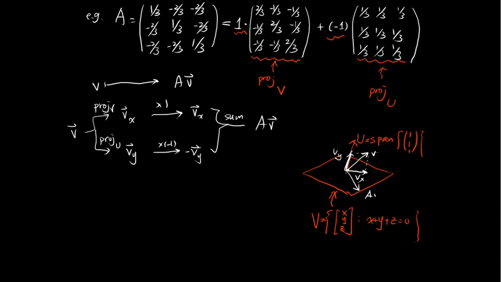So this is A times V, and it has the same projection onto x, but when you project onto y, it becomes minus Vy. So overall, the whole action is the reflection.